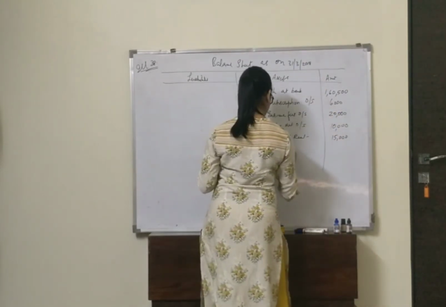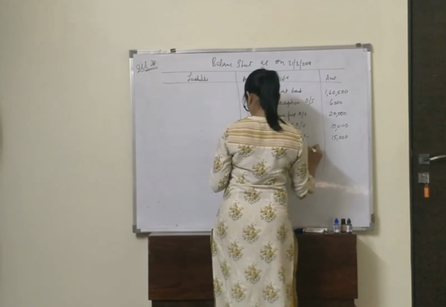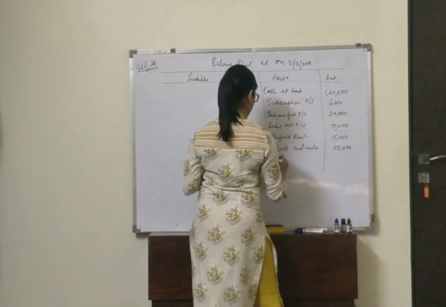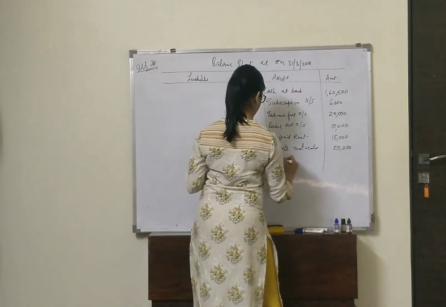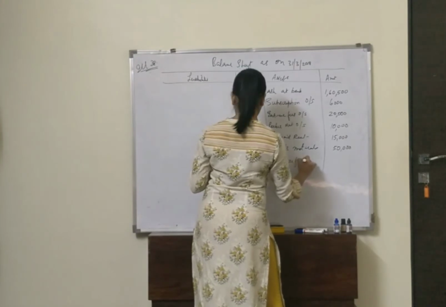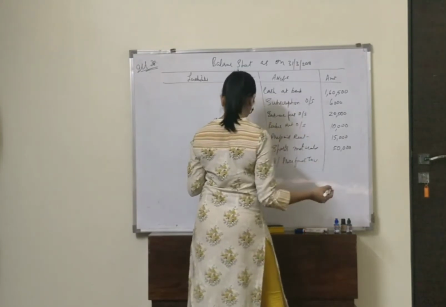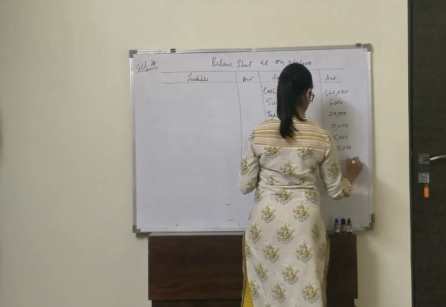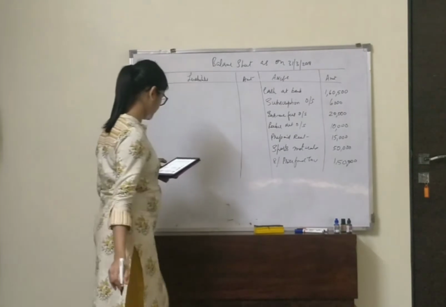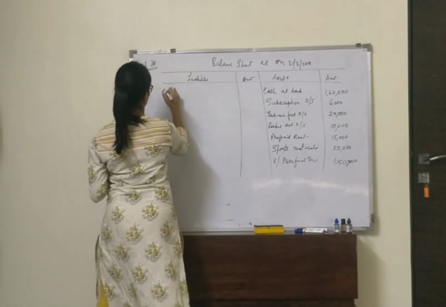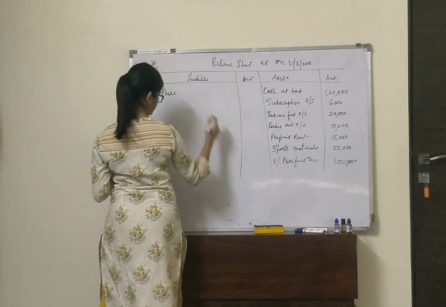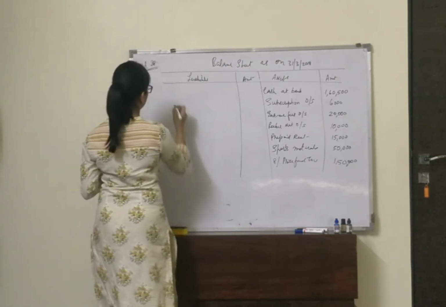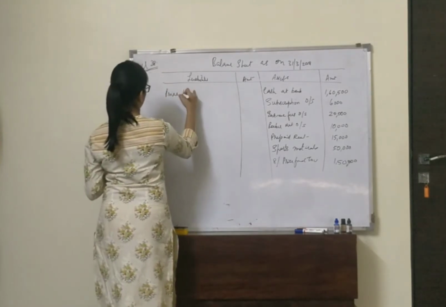Then we have sports material. Adjustment point number 3. 50,000. Then we have 8% prize fund investment. Adjustment point number 4. 1,50,000. Then in the liability side we have prize fund.